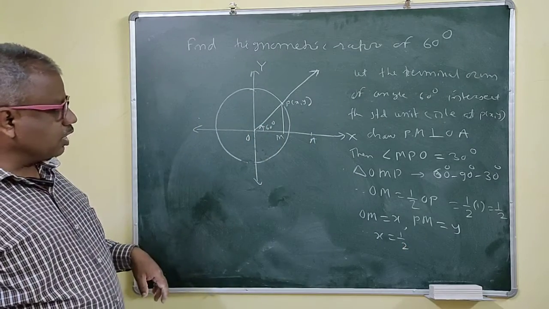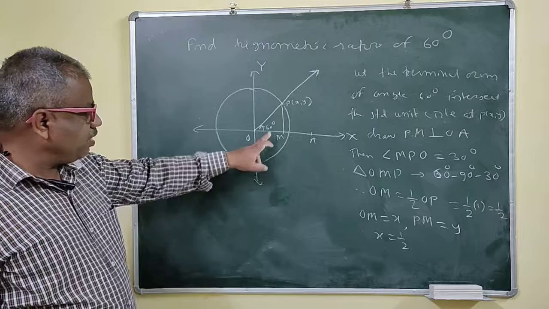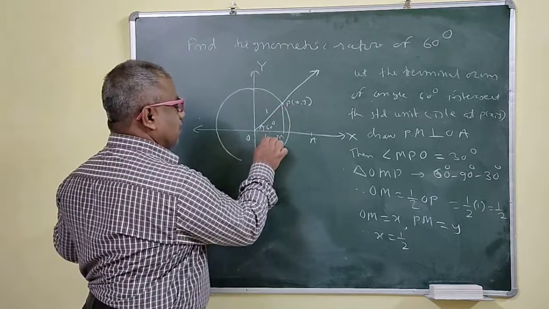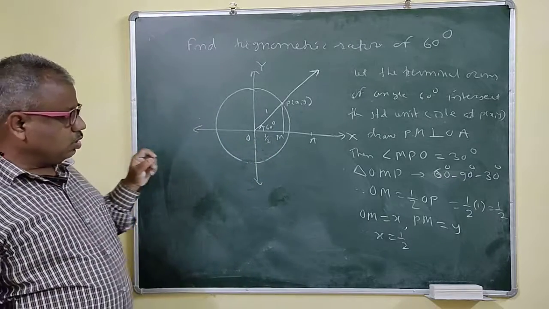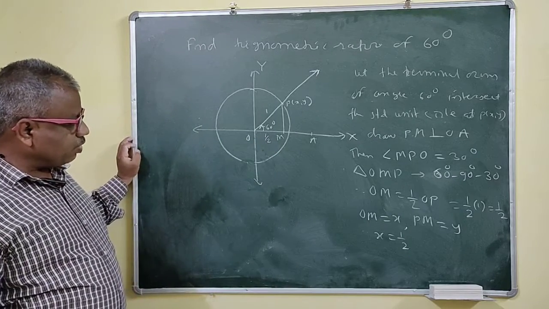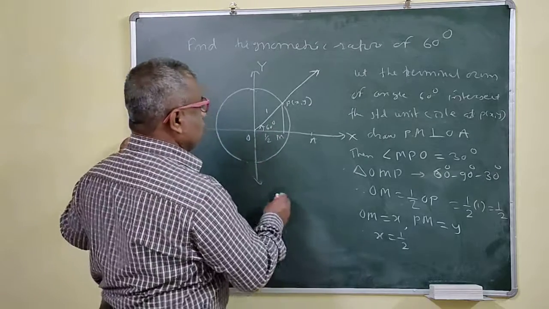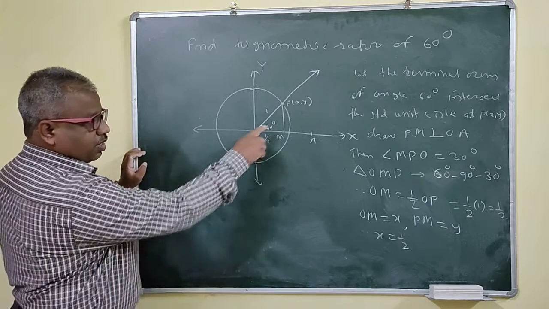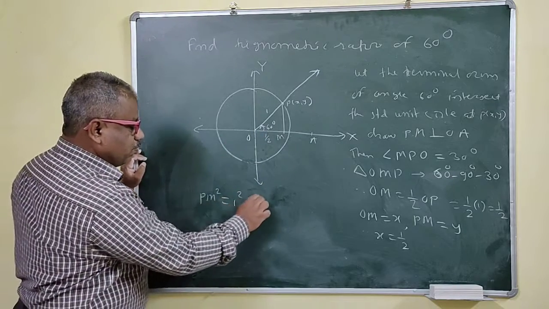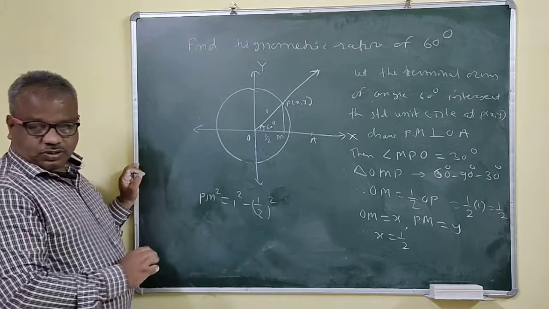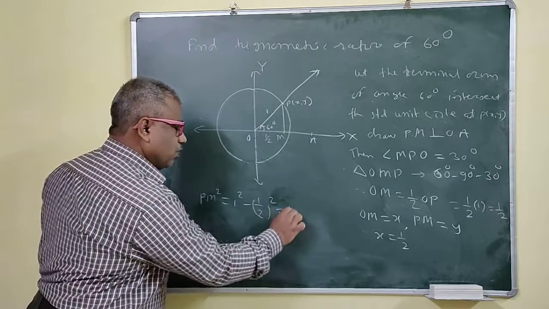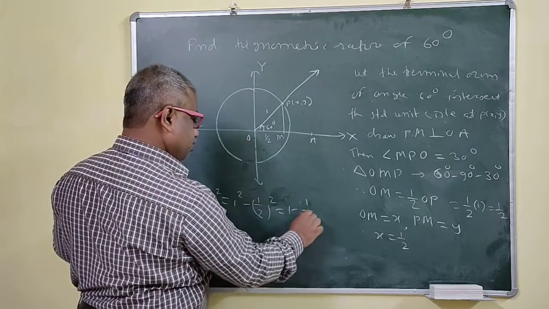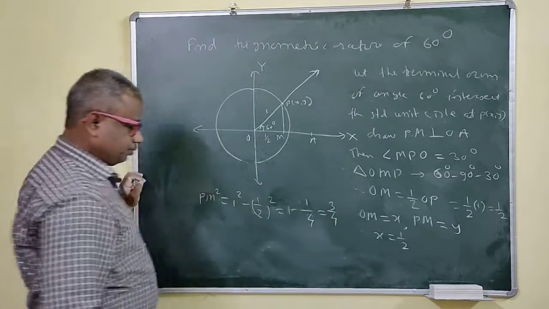Now what is PM then? By Pythagoras theorem, we can obtain the value of this one. This is 1 and this is half. So PM square is equal to 1 square minus half square, right? By Pythagoras theorem. So this is 1 minus 1 by 4, so this is 3 by 4.